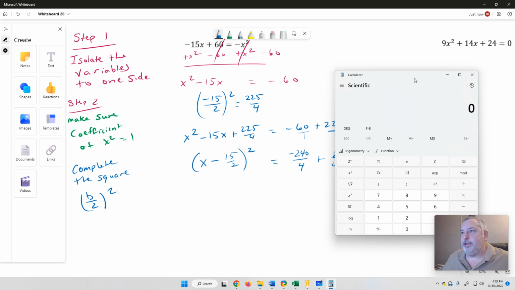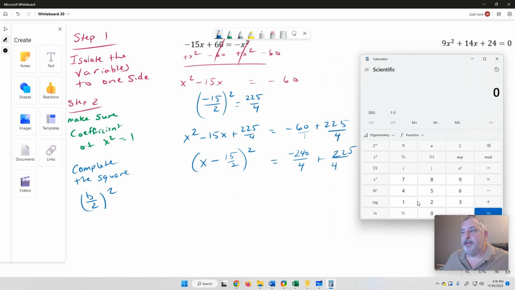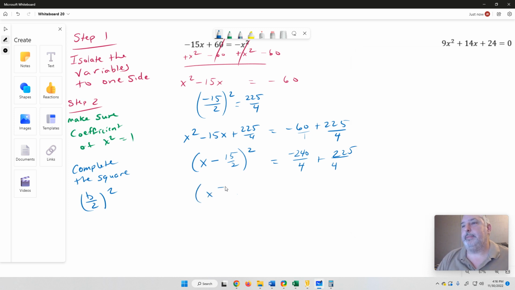If you need your calculator, I know we can do this one without it, but don't be afraid to use your calculator. 240 minus 225 gives me 15, so that's going to be negative 15 over 4. I don't know why I put that minus there. Right there. And this will be negative 15 over 4.